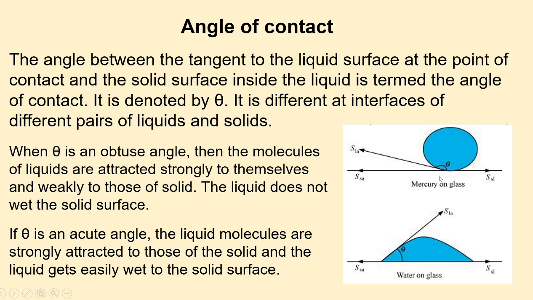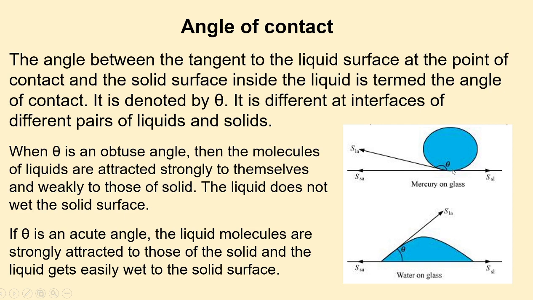So in this case, you can see this is the liquid surface, and this is the solid surface. So this is the angle of contact. So this angle is obtuse.